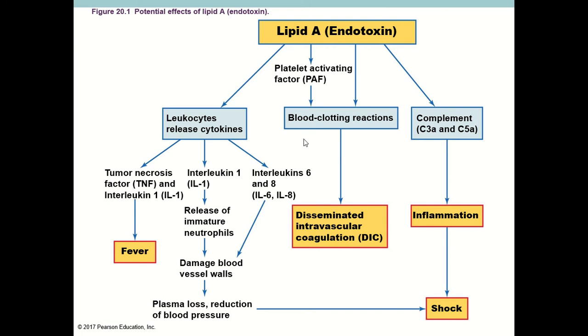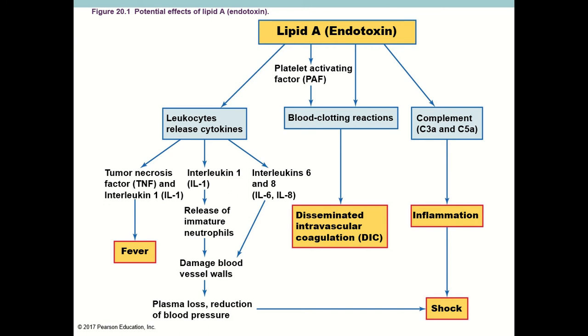Let's go over some of these, because these are very, very important mechanisms here. First is, again, the activation of leukocytes, the release of leukocytes and cytokines. These cytokines, like interleukin 1, interleukin 6, interleukin 8, are chemotactic molecules, meaning that they are signaling molecules that signal the immune system cells to come out and do their job.